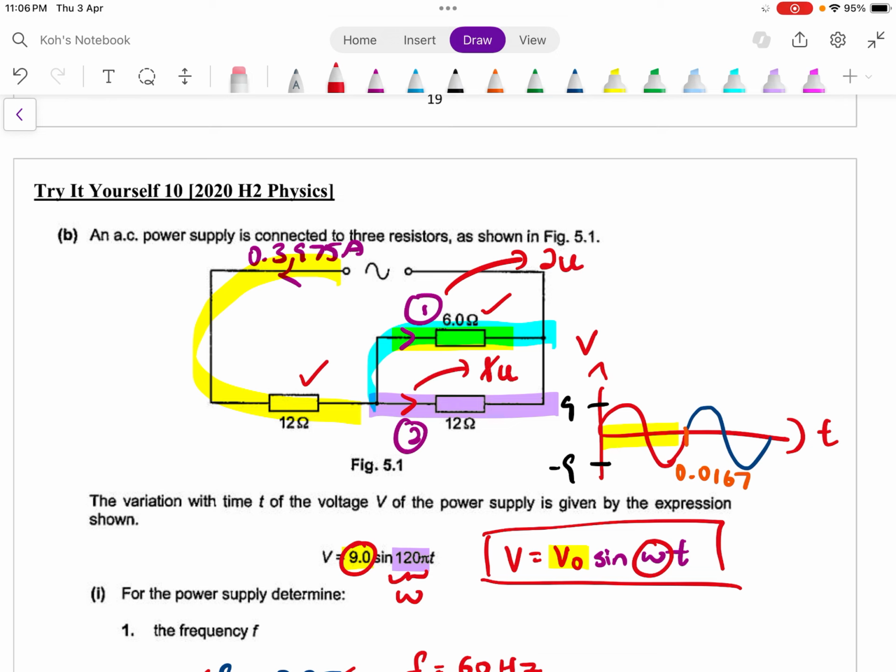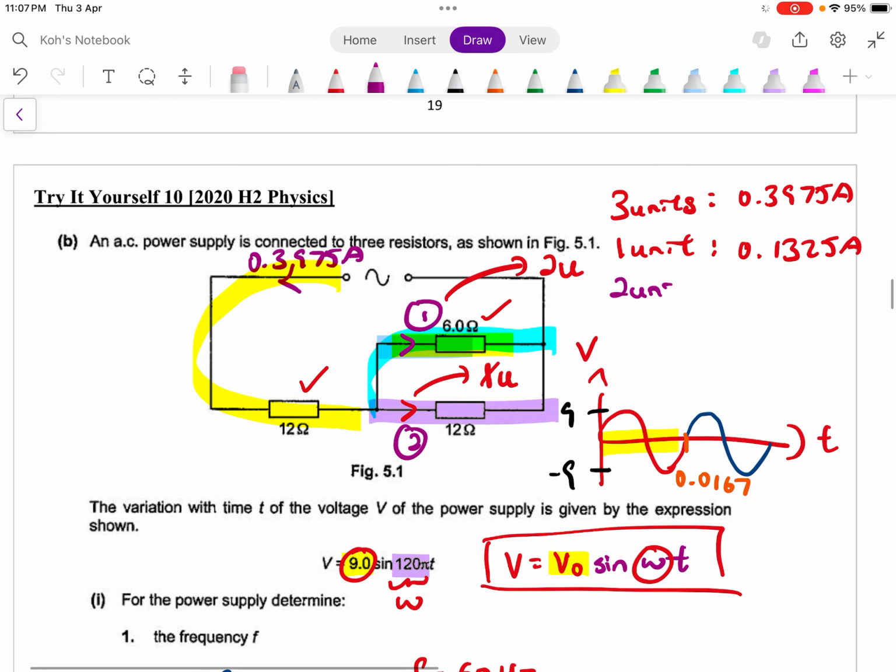So in total, 3 units represent your 0.3975 ampere. So of course, what is 1 unit? 1 unit you simply just divide. So 0.3975 divided by 3 is about 0.1325 ampere.